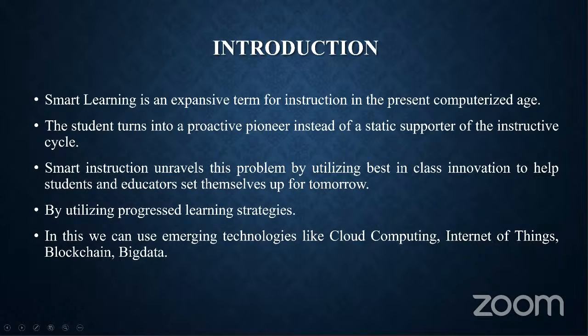Introduction. Smart learning is an expansive term for instruction in the present computerized age. It reflects how trend-setting innovations are helping students to process information and abilities more effectively, efficiently, and conveniently. Smart education can be done in virtual or physical environments, and smart instruction solves this problem by utilizing state-of-the-art innovations to help students and educators set themselves up for tomorrow.